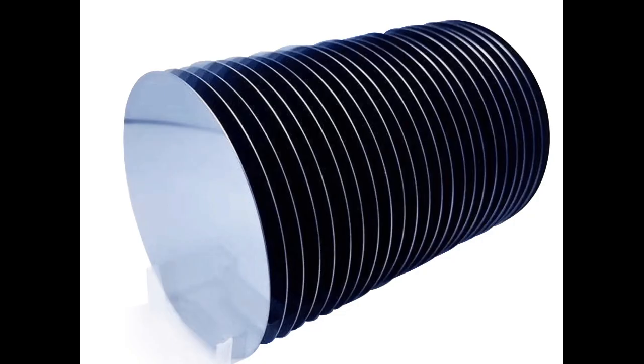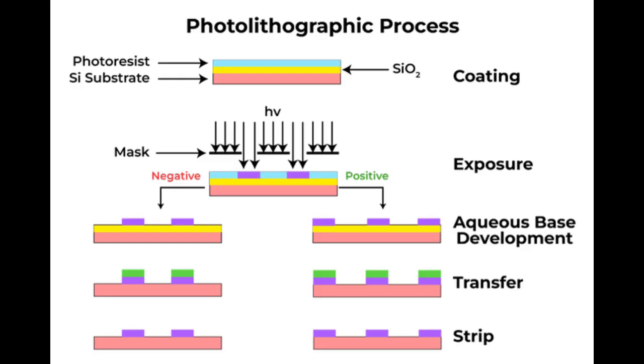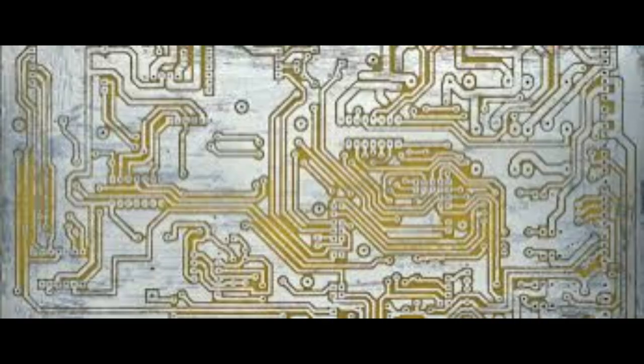Next comes the most advanced manufacturing process humans have ever developed, photolithography. Companies like TSMC use machines that shine extreme ultraviolet light through microscopic patterns to etch circuitry onto the wafer. The process works like this. A light-sensitive chemical layer is applied to the wafer.